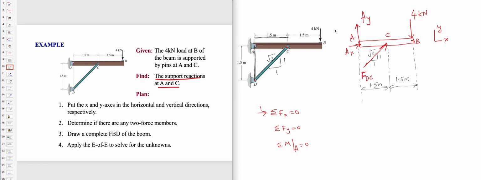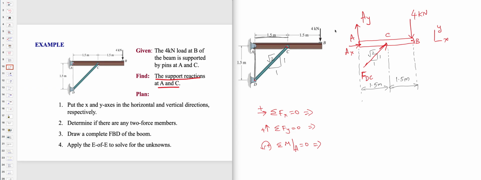X assuming to the right is positive, Y assuming to the top is positive, moments counterclockwise is positive. So these are our assumptions, because AB is at rest. So these should be true.